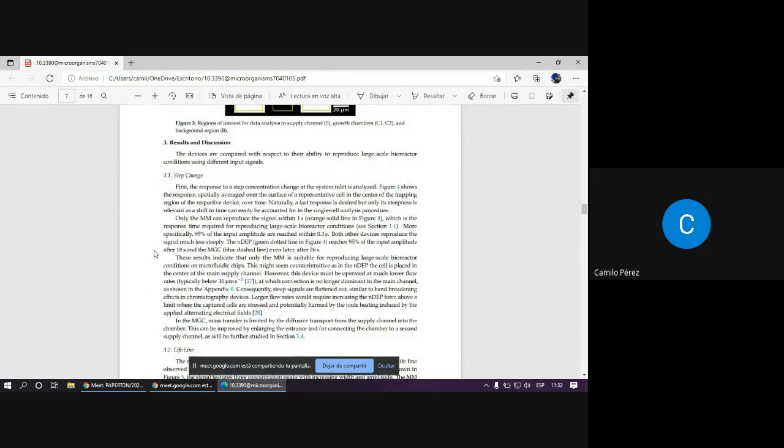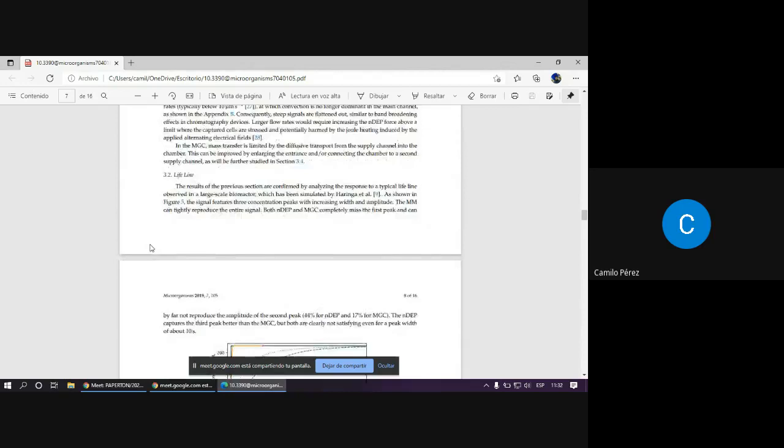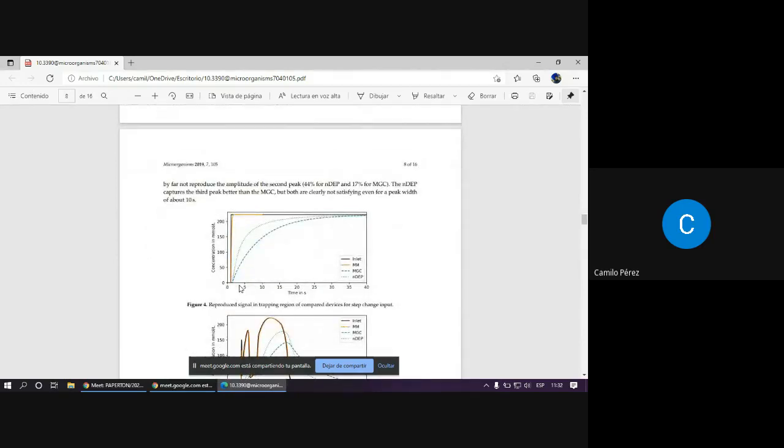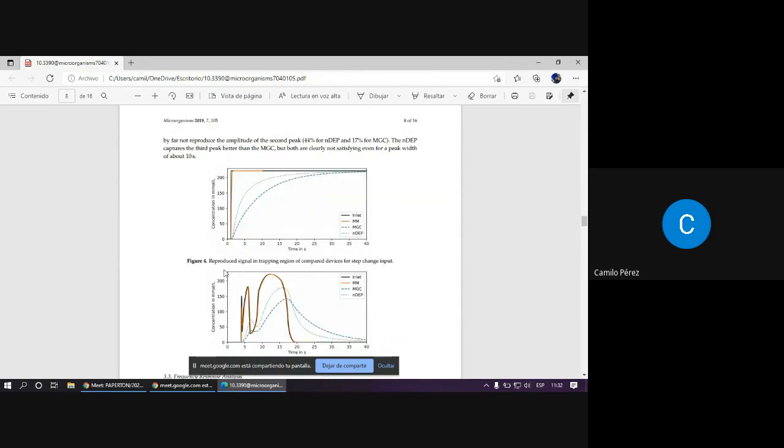After they analyze the different results, they can see the different reactions for positions of the microdevice, and in the microdevice you can see reproduction of different signals for single cells, or capturing more cells in the chambers.